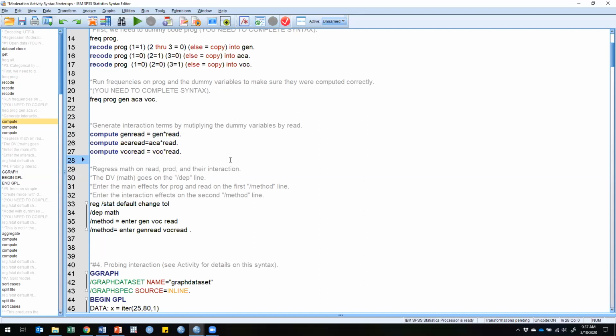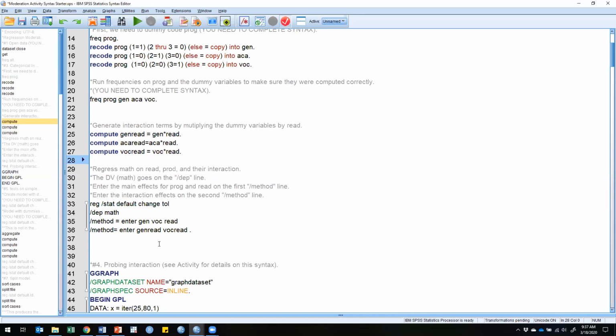And then I'm going to ask for the F change and R square change statistics, and we're going to look at the significance level of that R square change value to determine if our set of interaction terms is statistically significant.